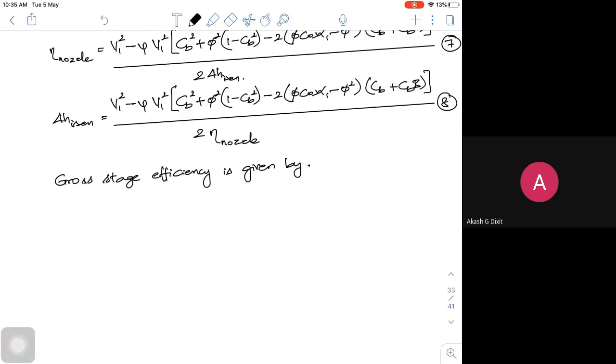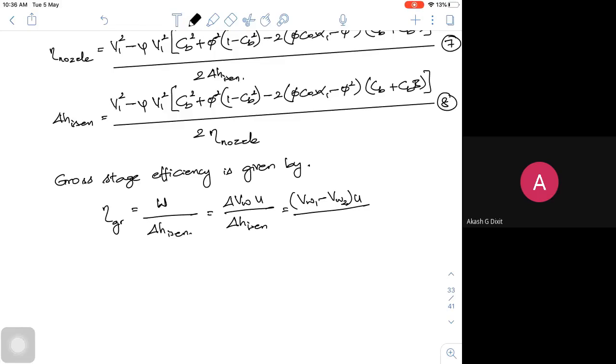okay, that is your eta gross stage GR is equal to your work done. So what is your work done? That is W divided by your isentropic enthalpy drop. What will be your work done actually? Your work done will be delta VW, or VW1 minus VW2 into U. So delta VW divided by isentropic enthalpy drop, or I can write it as VW1 minus VW2 into U divided by isentropic enthalpy drop.